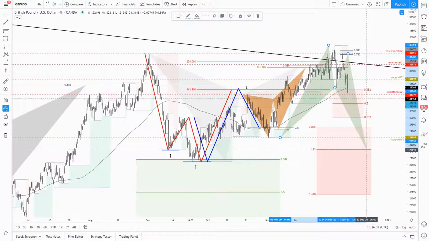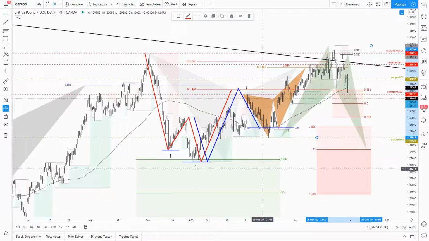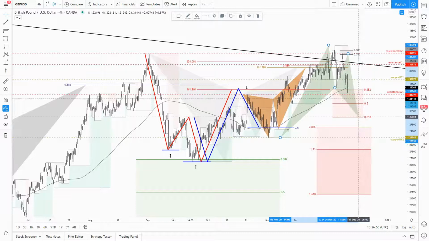It can threaten a violation of that fractal or that support level, with the 113% Fibonacci extension level as a reference for that potential false breakout. If the market decides to push below that Fibonacci level, eventually we will see the market trading even lower. So basically it's too soon to project those patterns there.